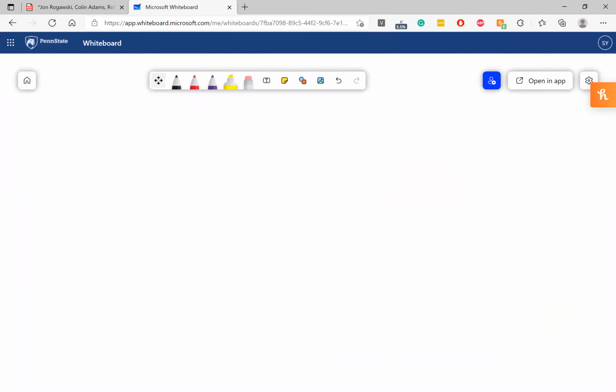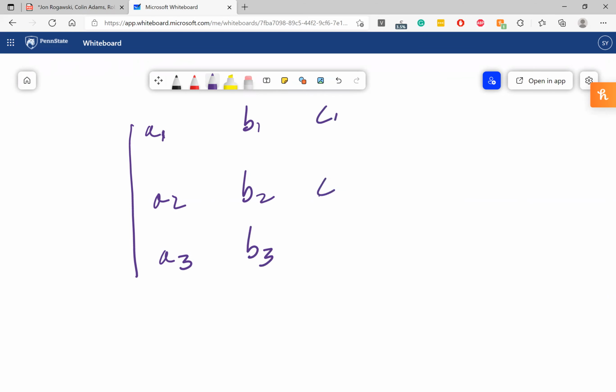So let me go here. If you want to take the determinant of a matrix with coefficients A1, A2, A3, B1, B2, B3, C1, C2, and C3, there are 2 ways that I know to do this. I think the best one is what I'm going to explain right now, which is you go to your first row, which is this row.